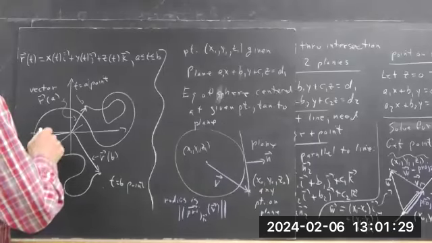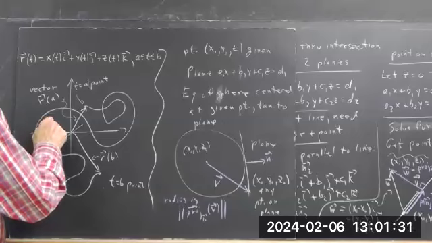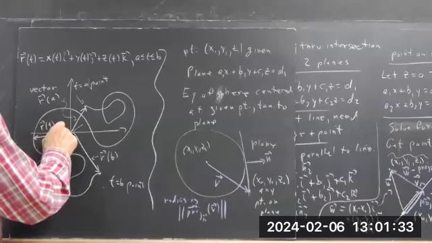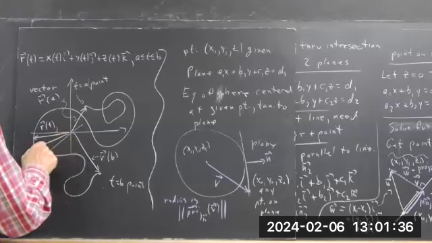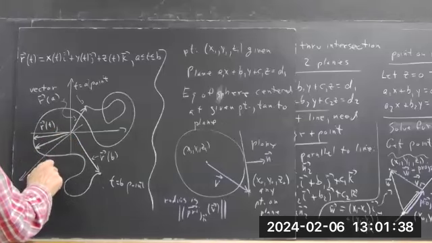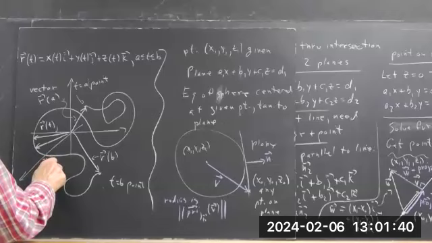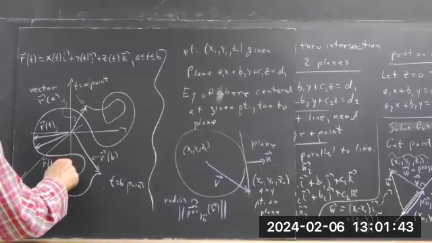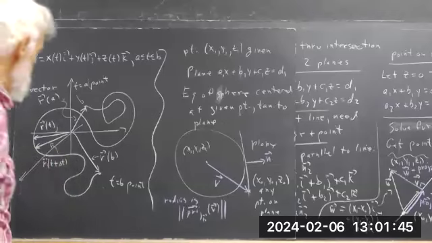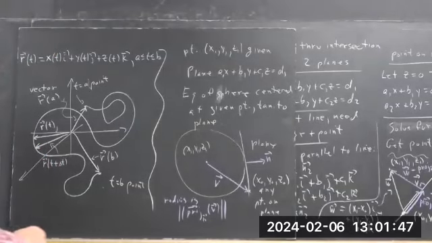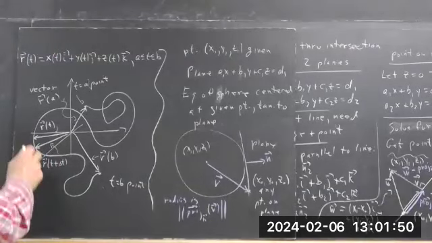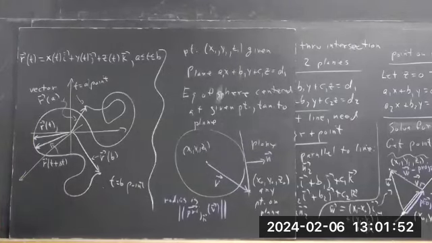Let's say that this is vector r of t, and this is the vector r of t plus delta t. Well, then we're going to say that the derivative of this, the rate of change of r, is change in r divided by change in t.